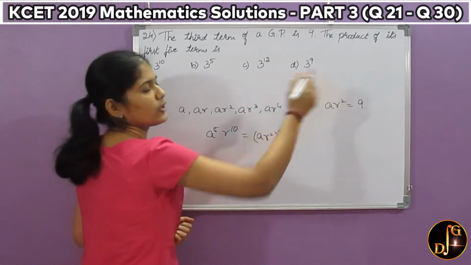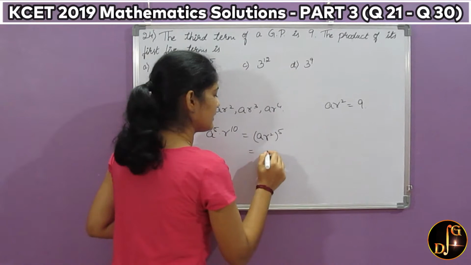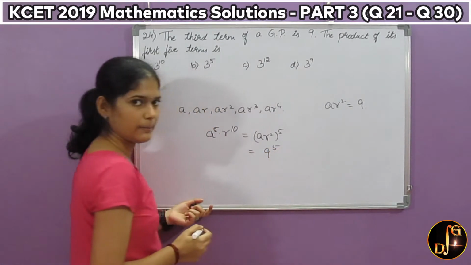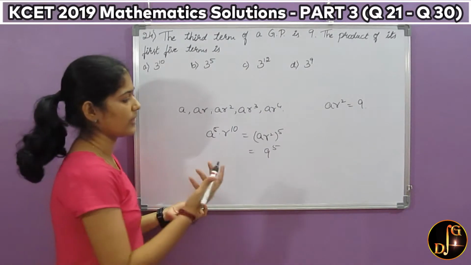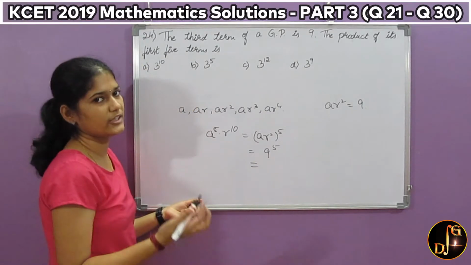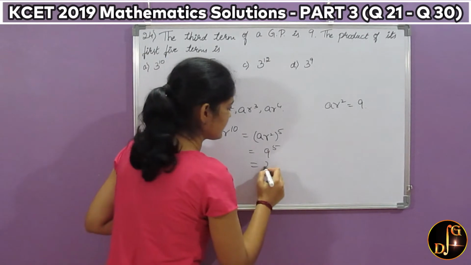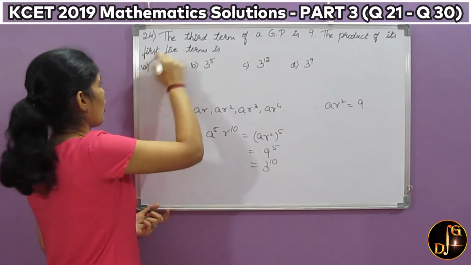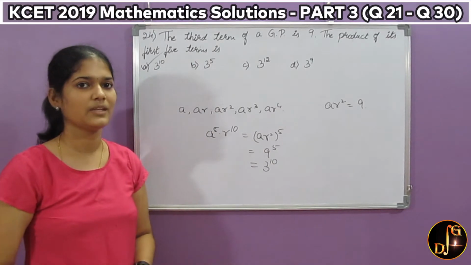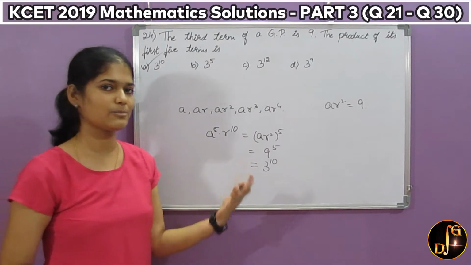And we know the value of AR square, that is nothing but 9 power 5. Here we have all the numbers in terms of 3. So we have to convert this into 3. We know that 3 square is 9. That means 3 power 10. So the correct answer is option A. Right? Now let's move on to the next problem.